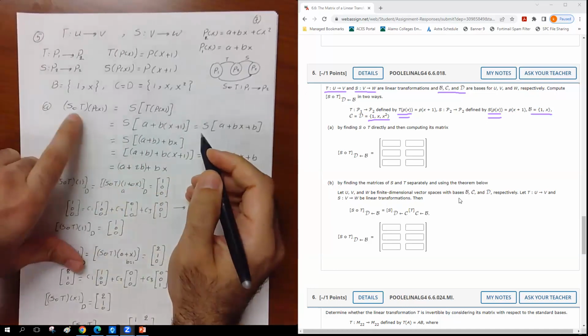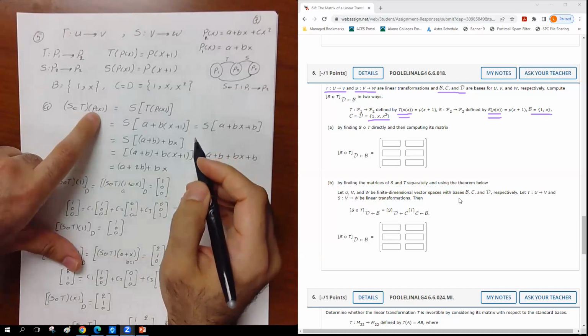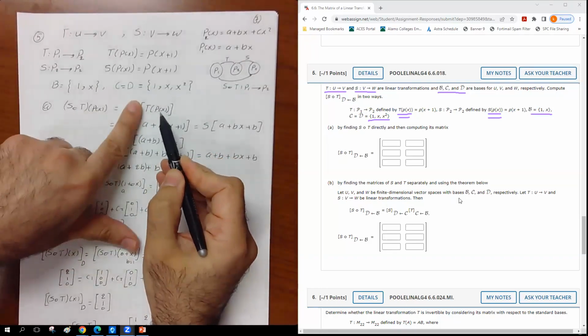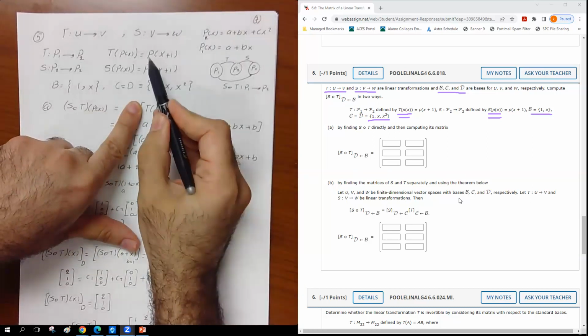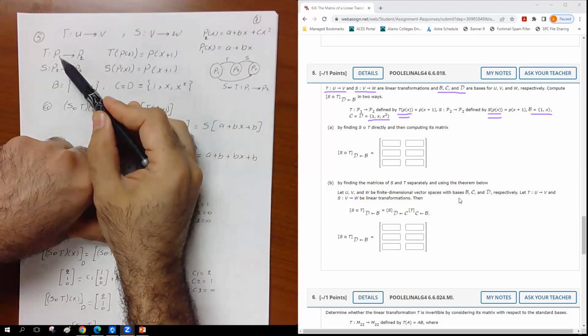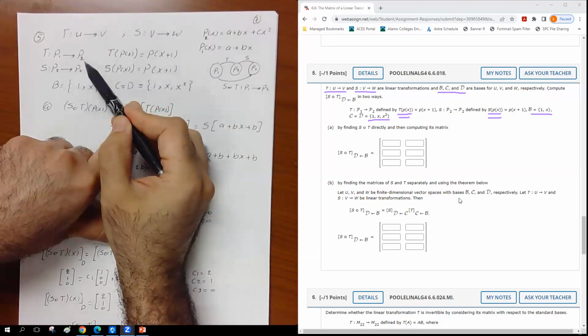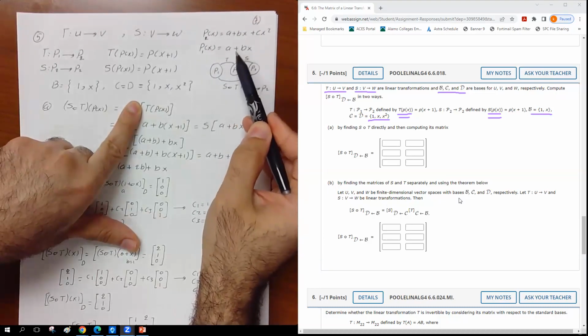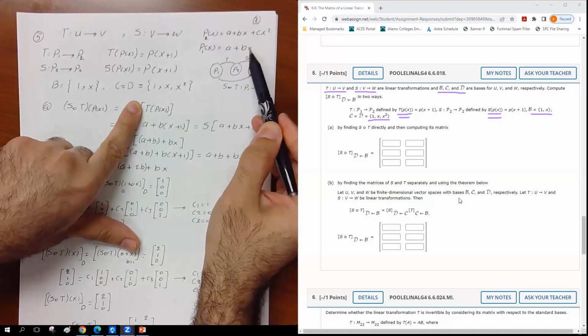Directly, S composite with T applied to p(x): here's S, and here's T applied to p(x). The transformation T of p(x) is going to be p(x plus 1), and be careful, from degree 1 to degree 2. So for a plus bx, the transformation is a plus b, and I'm going to plug in x plus 1 instead of x.